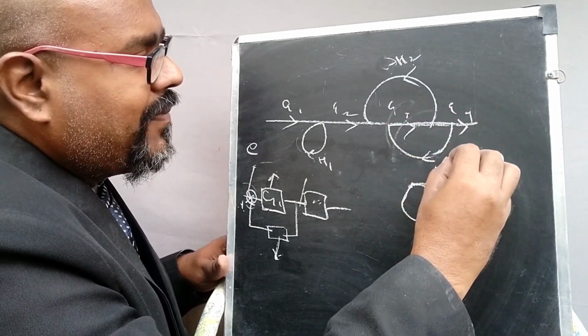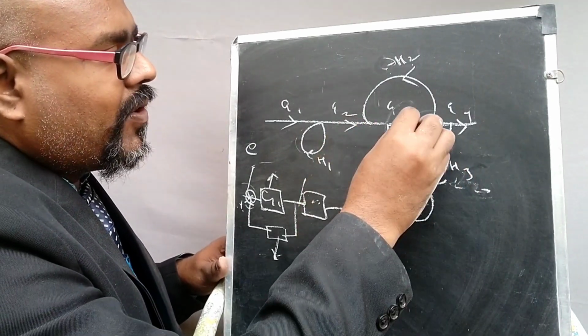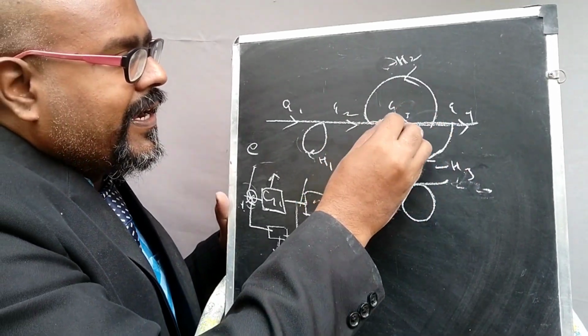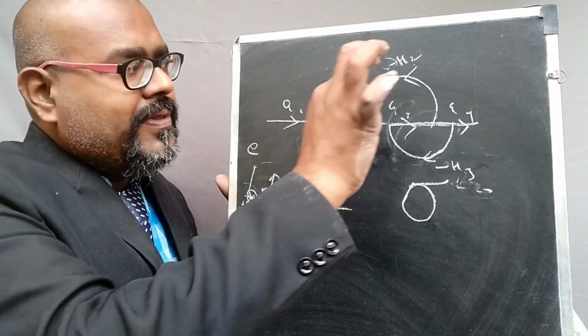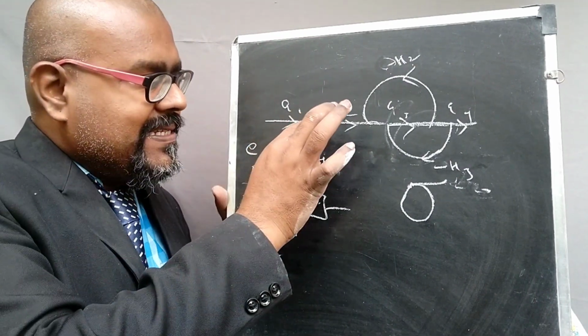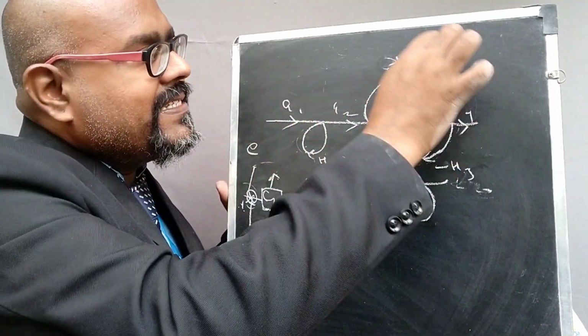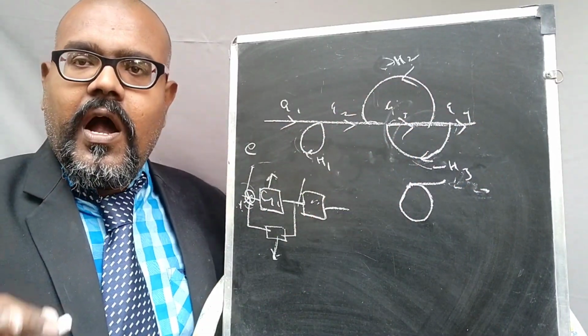Here one loop is there. It may be a minus H3 or what. Consider this is also one loop, because why is it a loop? It starts from one point and then ends towards the same point. This is also loop. This is also loop. Individual loop is nothing but this is one individual loop, this is one individual loop, and this is also one individual loop.